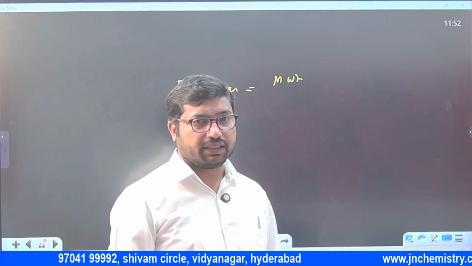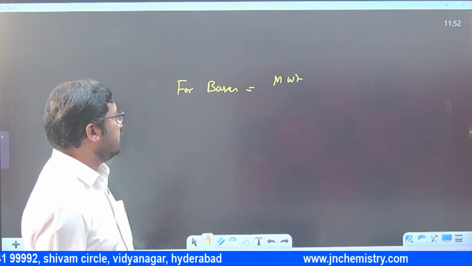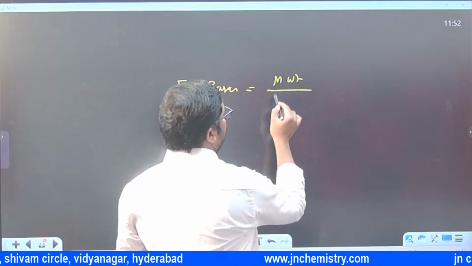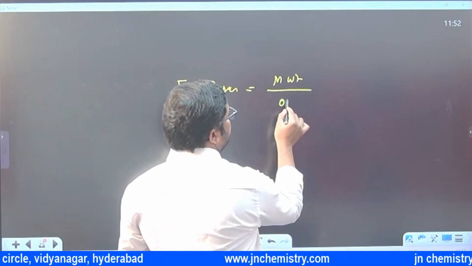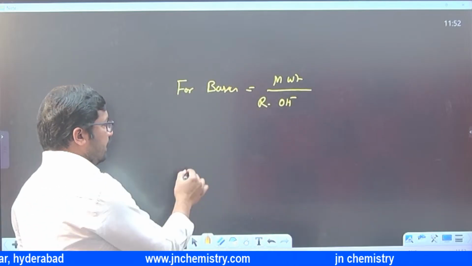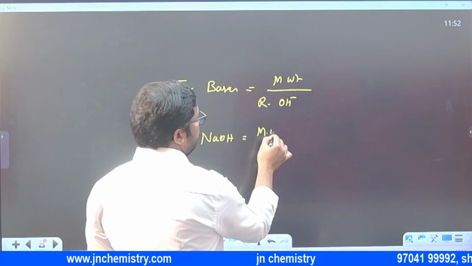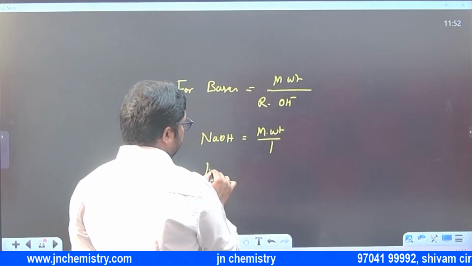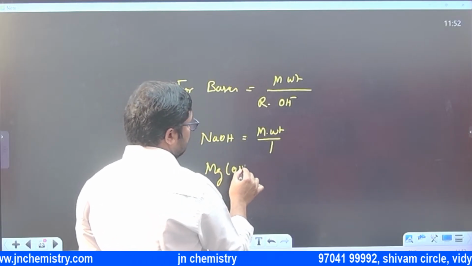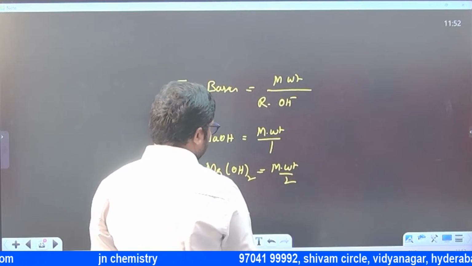So I'll tell you that. For bases, molecular weight by replaceable OH minus ions, like NaOH: molecular weight by 1. Mg(OH)2: molecular weight by 2. Al(OH)3: molecular weight by 3.